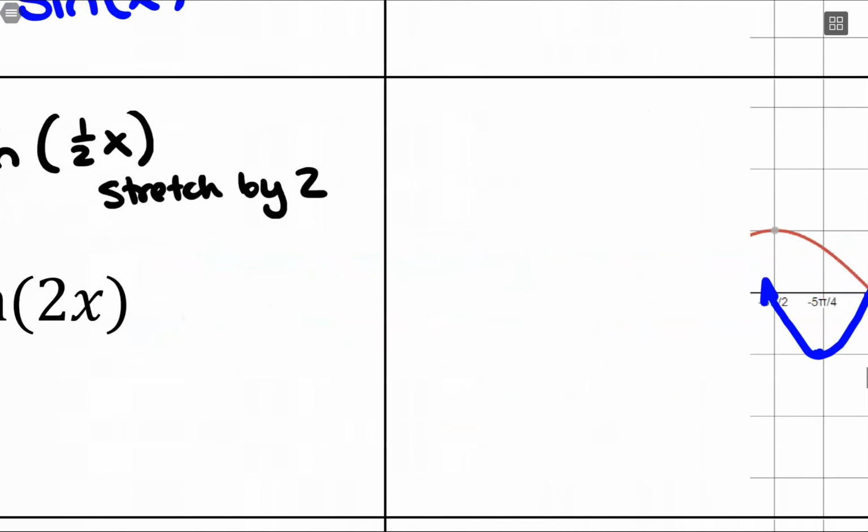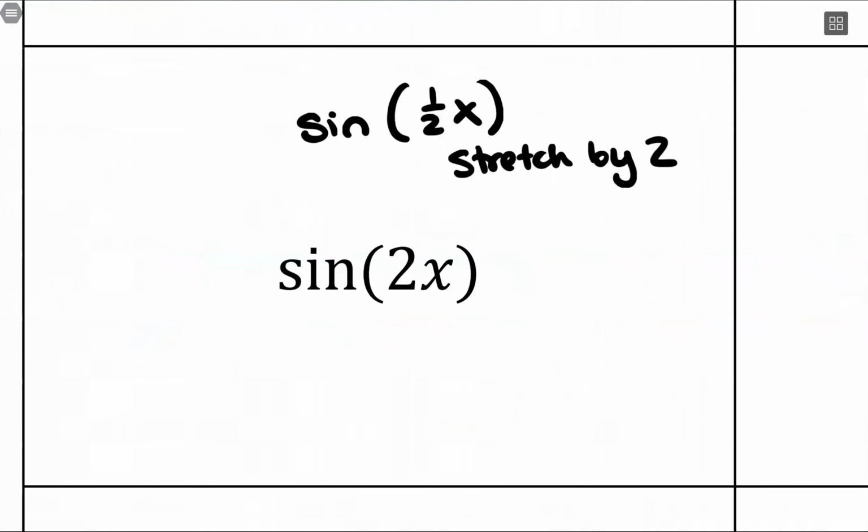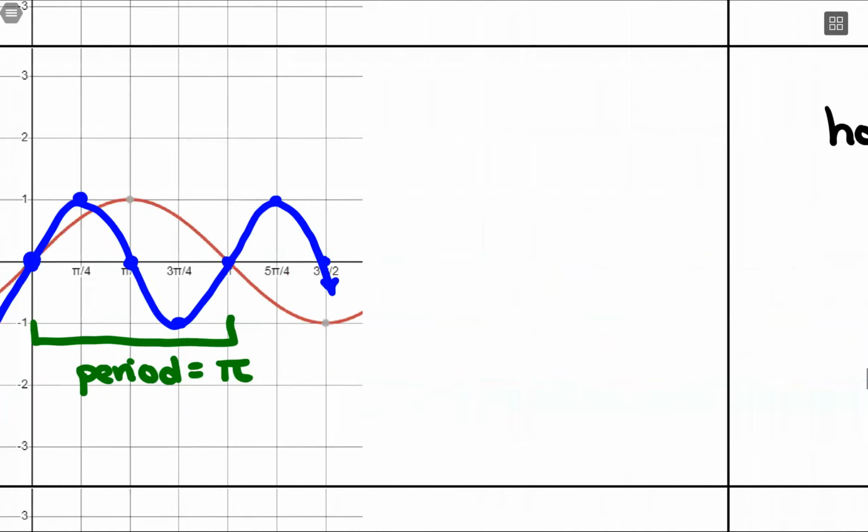So if we have some sine of b times x, this is going to divide up our period. Really we're thinking about this reciprocal, 1 over b. So for us, we went from the original period of 2 pi to the new period.